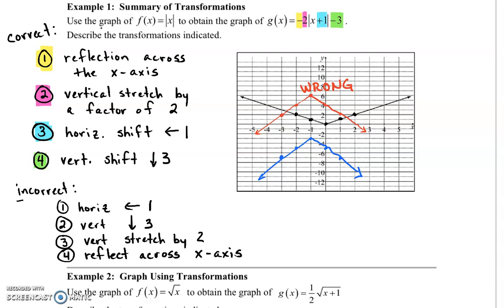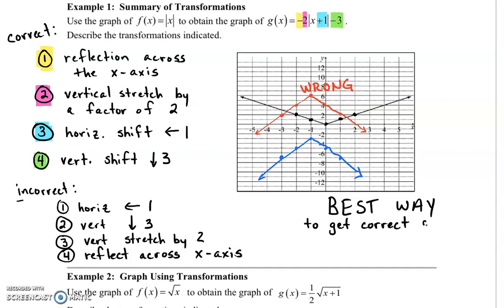But the point being, when we go by hand, we have to do the transformations in the correct order. And the best way to make sure you have the correct order is to follow the order of operations.